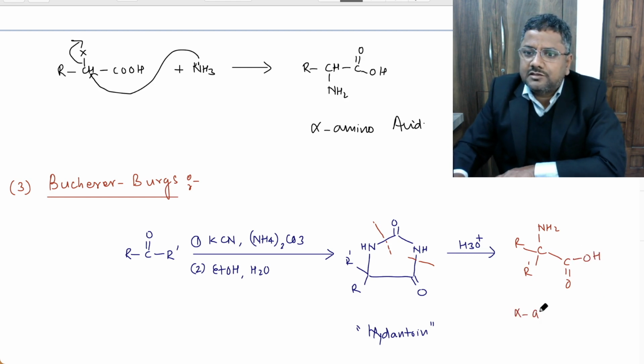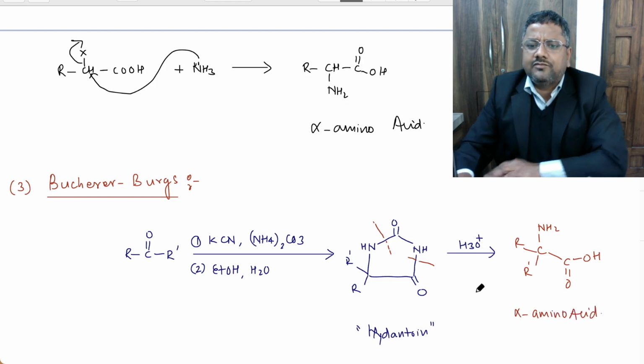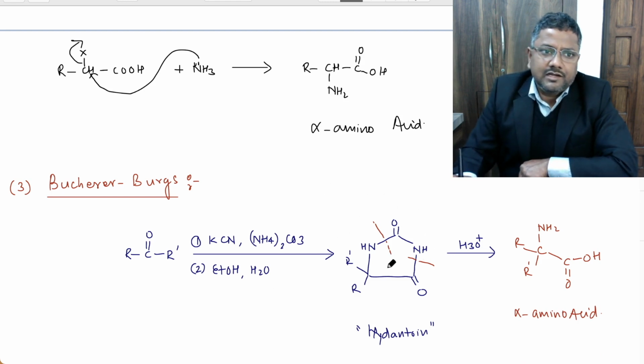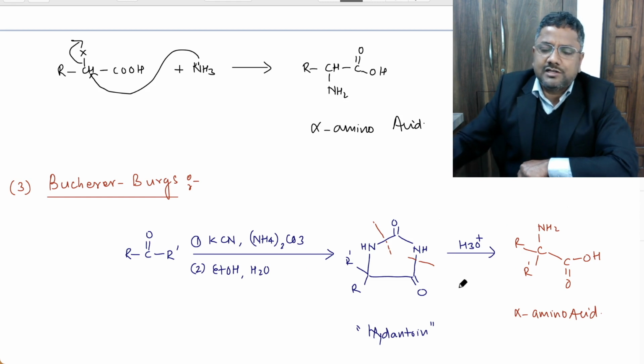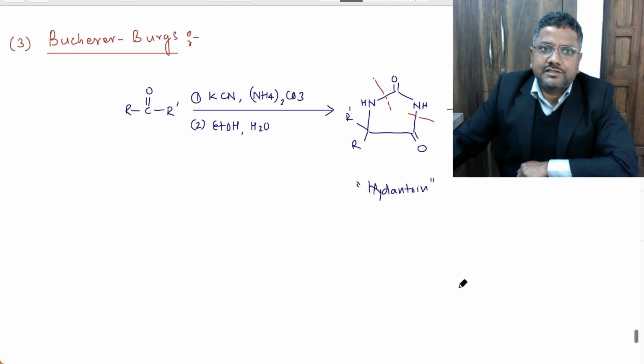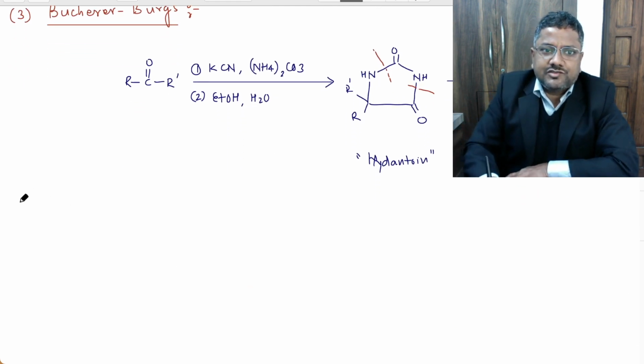Alpha amino acid. So variety of alpha amino acids can be prepared by this method, but I am not writing here the detailed mechanism, right? So these are the methods of preparation of alpha amino acids. Now see the properties.